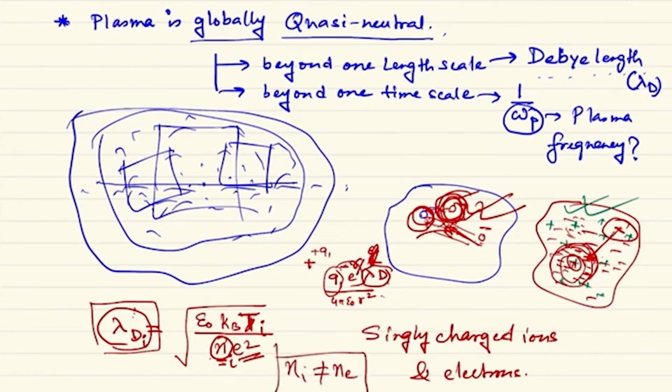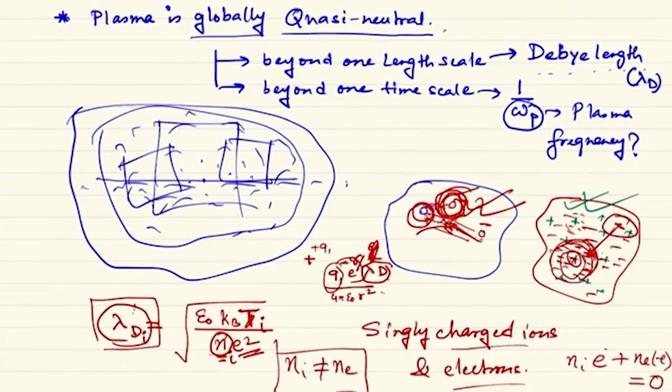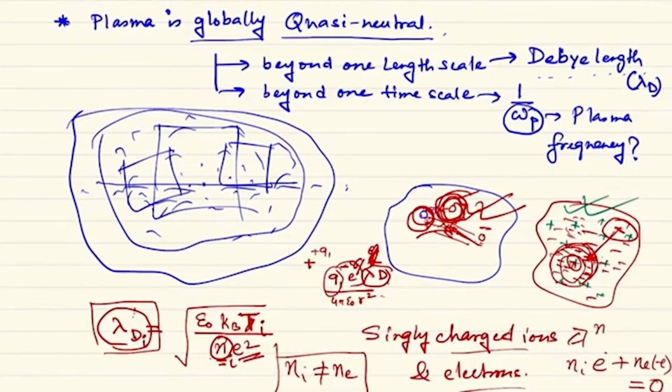Of course, if we are just talking about plus and minus charge, the total charge density at a point will be Ni times plus e plus Ne times minus e. If it is almost equal to 0, then it will simply lead to Ni equal to Ne.